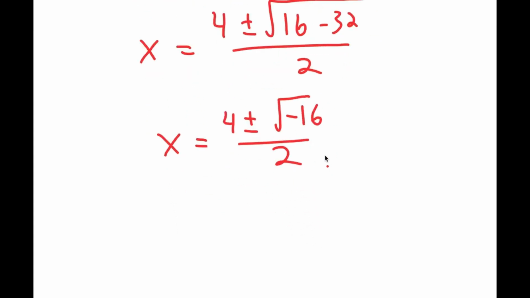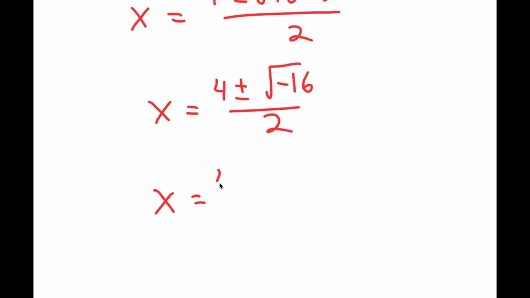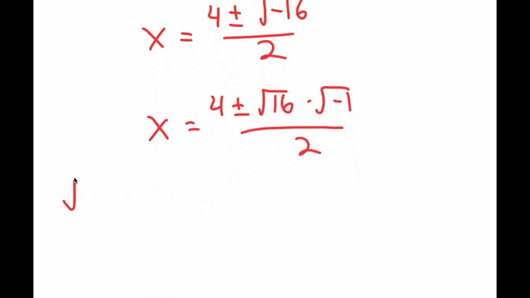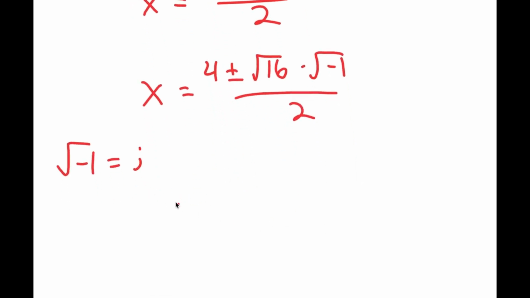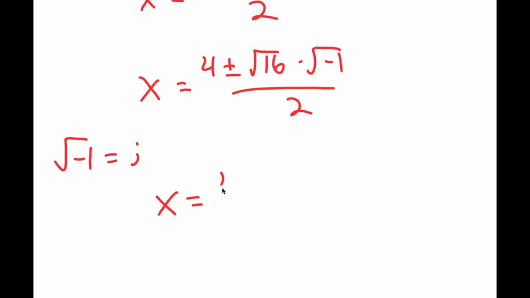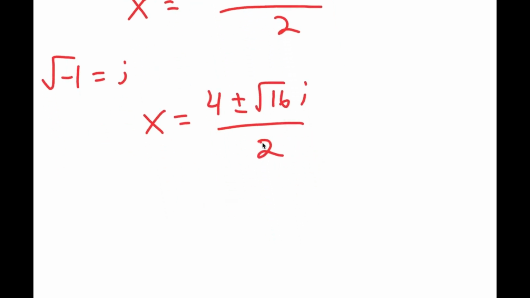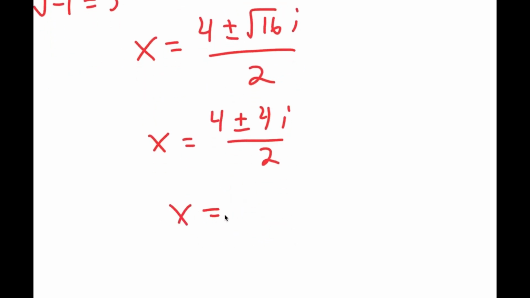Now the square root of −16, I can rewrite as √16 times √(−1), and the square root of −1 is equal to i. So I get x = (4 ± √16·i) / 2, and the square root of 16 is equal to 4, so I get x = (4 ± 4i) / 2, which turns into 2 ± 2i.